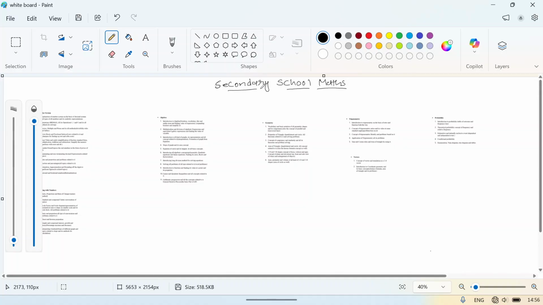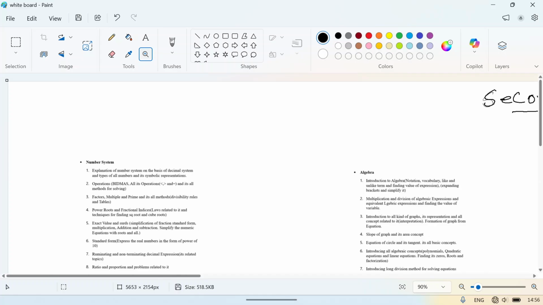In this session, the first area we are going to learn in this course is arithmetic or number theory.